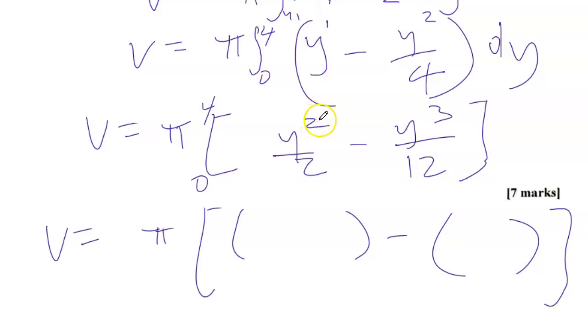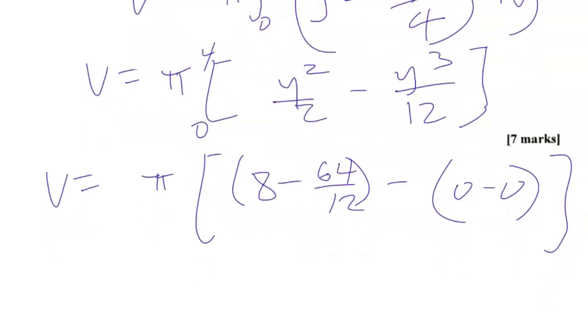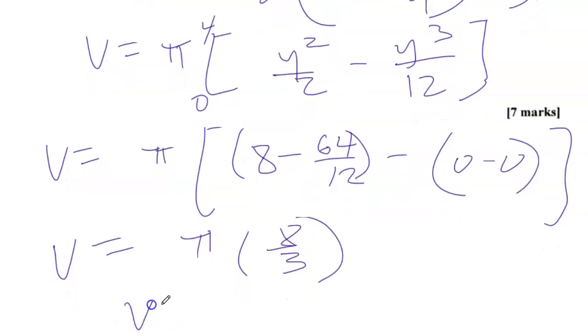So 4 squared, that's 16. 16 divided by 2, that's 8. Replace y with 4: 4 cubed, that's 64. Divide by 12. In the other bracket, replace y with the bottom limit 0. That is 0 minus 0. So we end up with V equals pi times 8 minus 64 over 12, that's 8/3. So the volume is 8 pi over 3 cubic units.